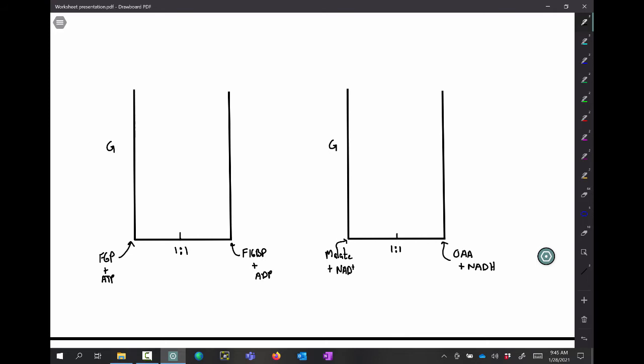Now, on the x-axis, we have essentially the product to reactant ratios. When we are all the way to the left of our graph, we would say that we are almost entirely reactants. All the way to the right of our graph, we would have almost entirely product.